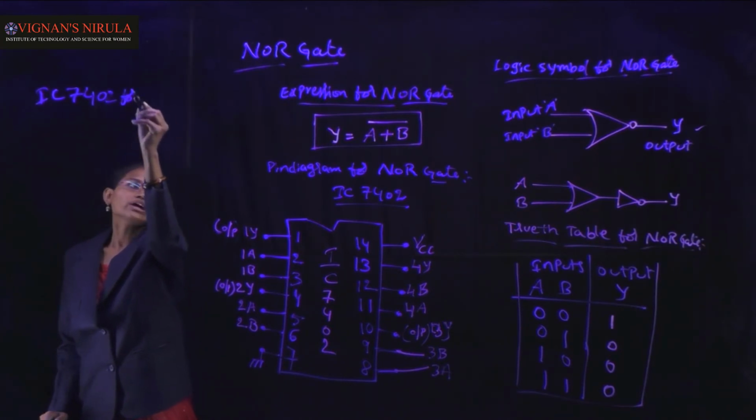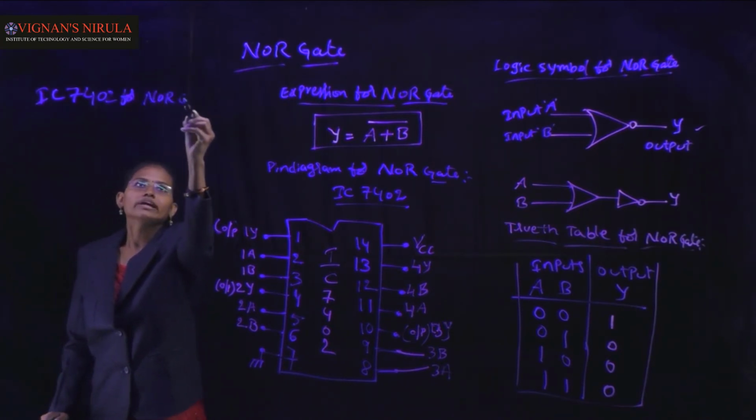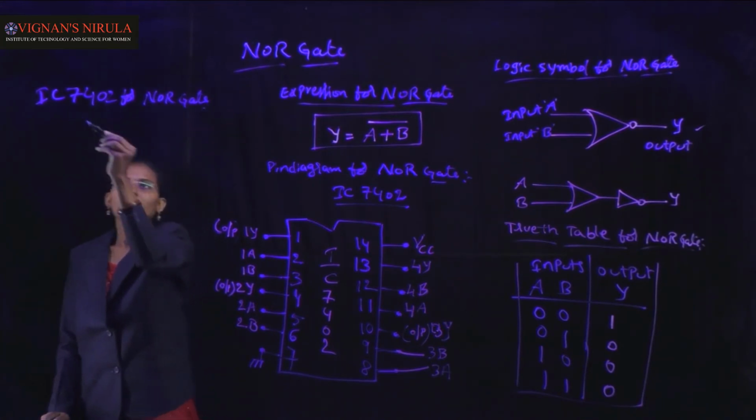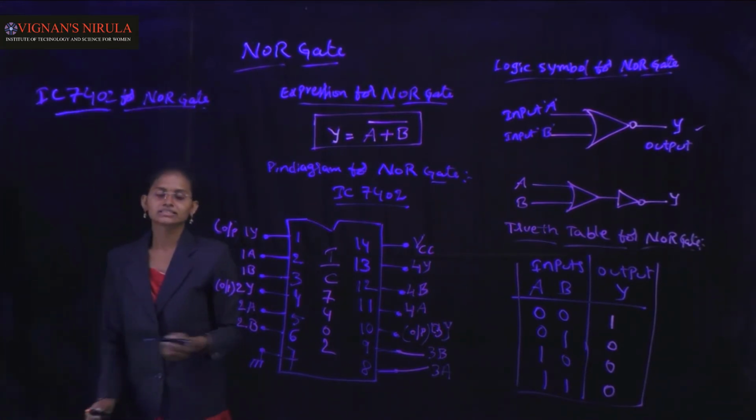Coming to the IC 7402 for NOR gate. Okay, how to connect the logic symbol?